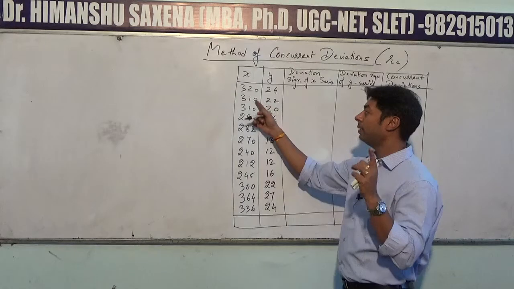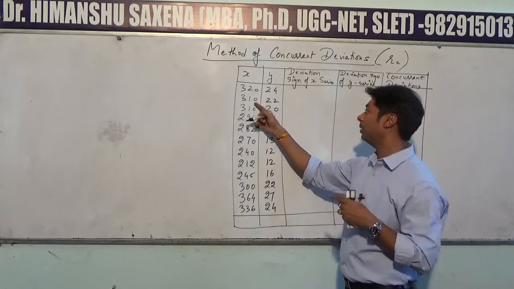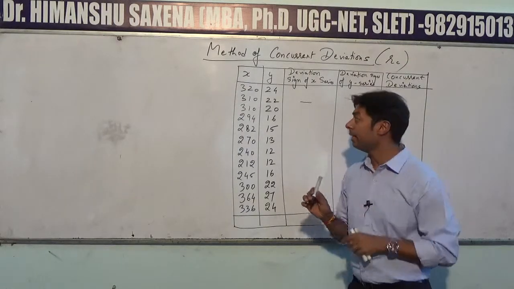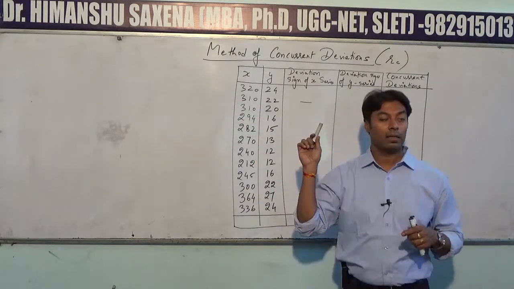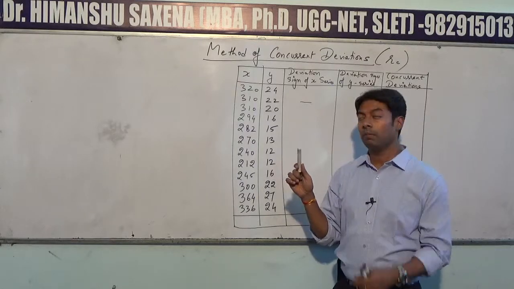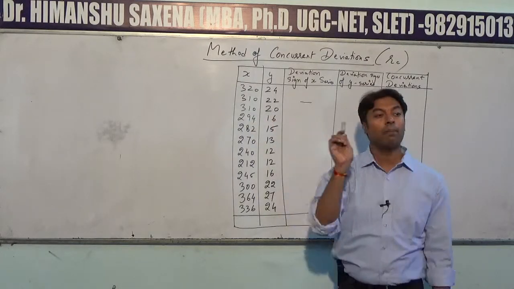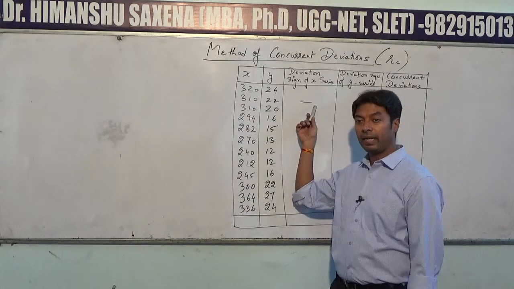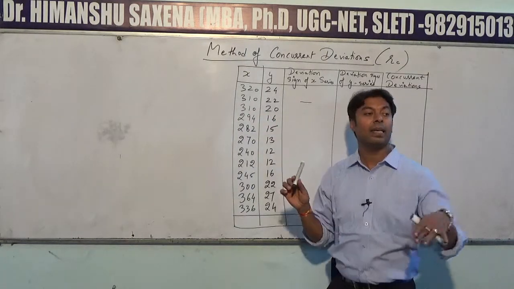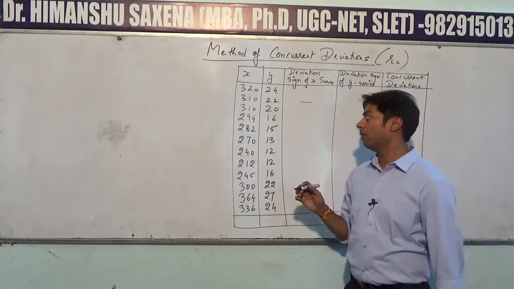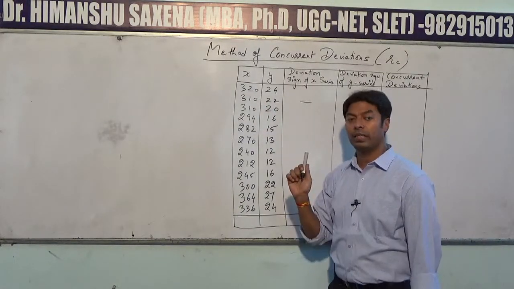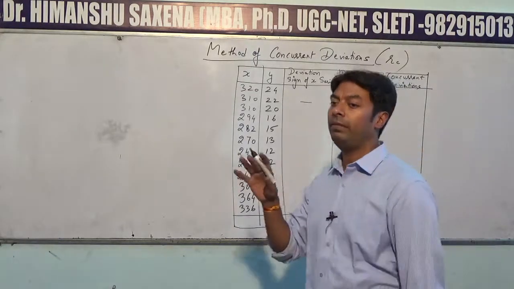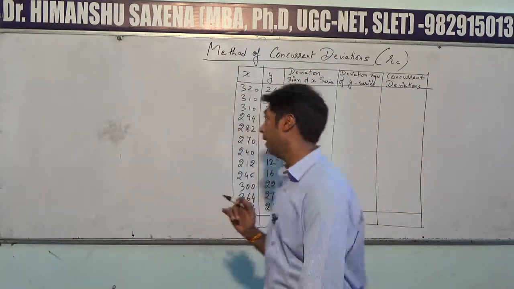So when a number is less than its above place number, you will have to place a negative sign, and in case the number is greater than its above number, then you will have to place a positive sign. So in this case, we just need to give positive as well as negative signs.